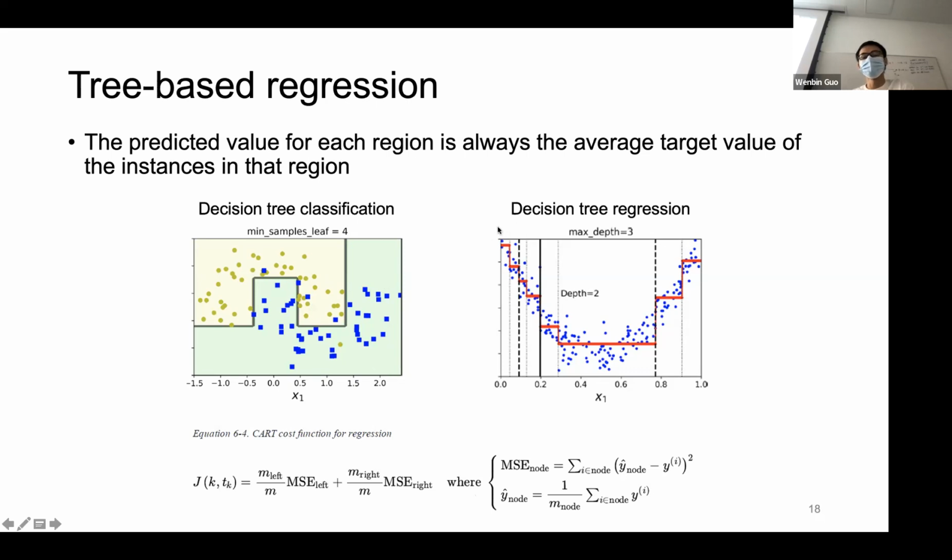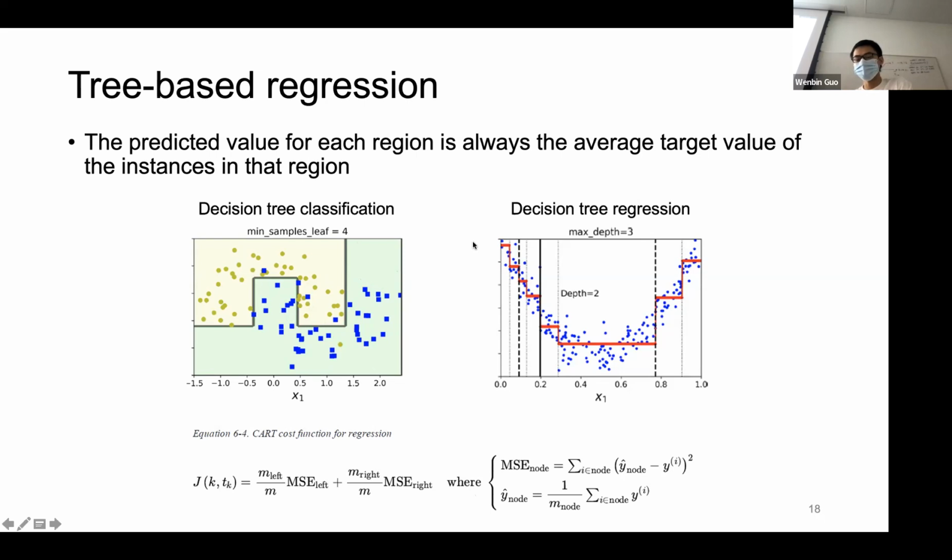This can also be applied to regression: if we separate the regions well, each region will have a numerical value, calculated as the average of the numerical values in the region as its representation.